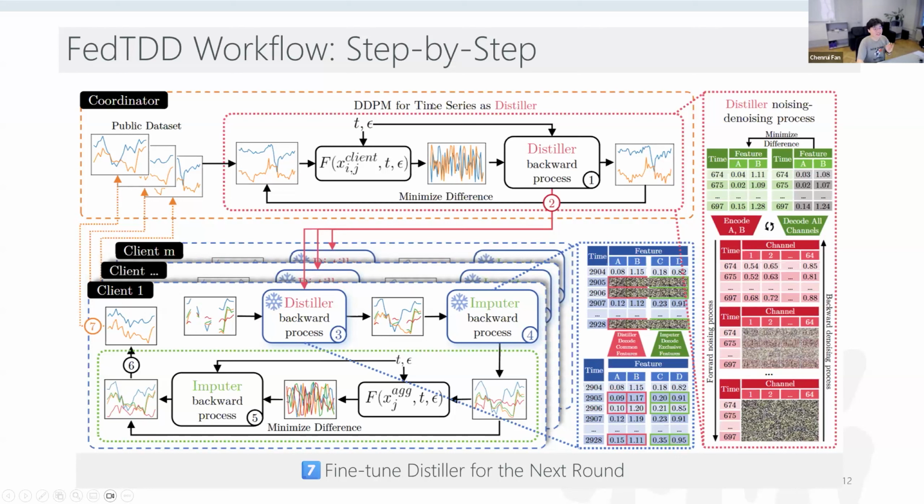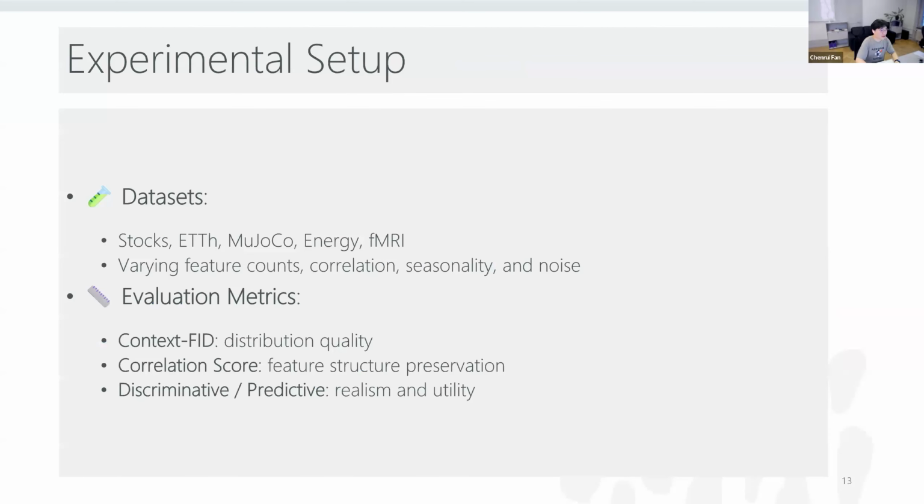And in the next round, the distiller will fine-tune on this dataset and get new weights. And it will do this again, distribute its weights to each client and do the imputation again. And the imputer will also do the imputation and train on the new synthetic dataset, and get better weights. So that's all about our structure.